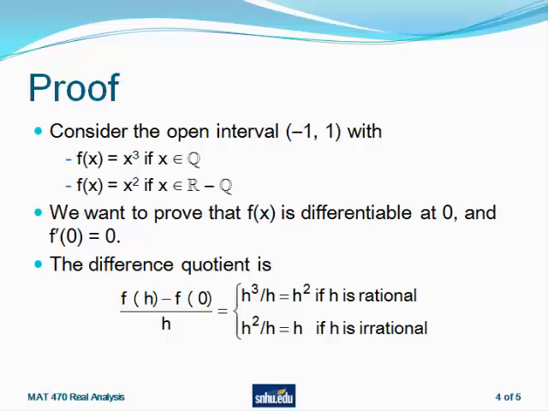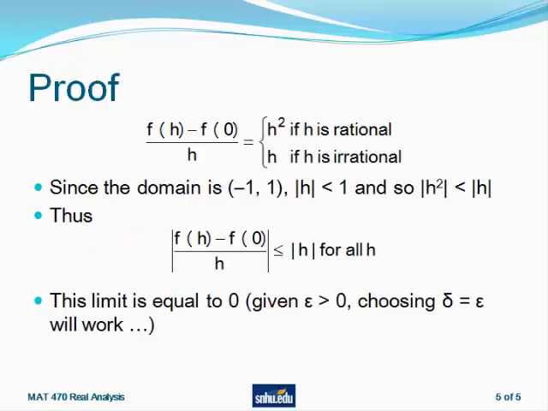When h is rational, this is h squared. When h is irrational, this is just plain h. I've repeated the formula at the top of this page.